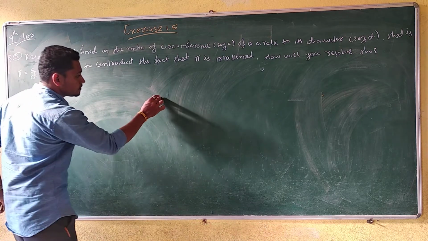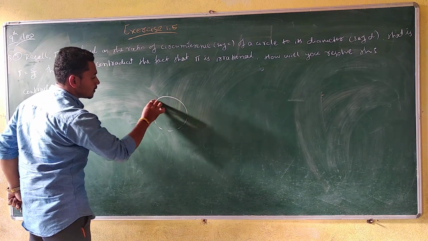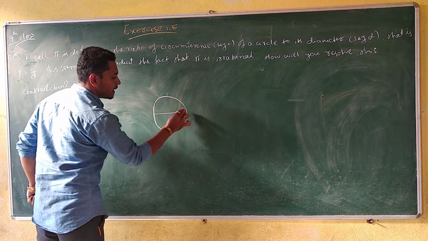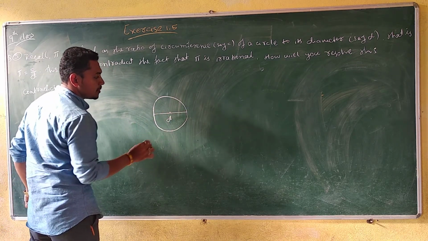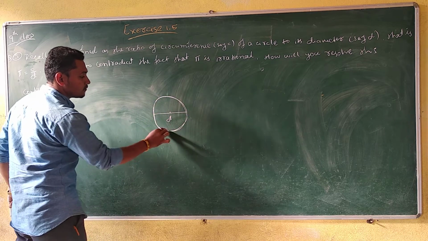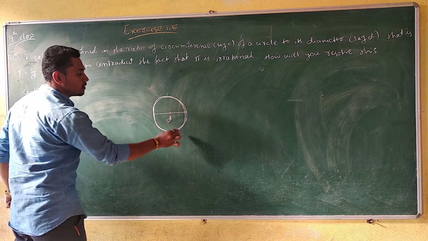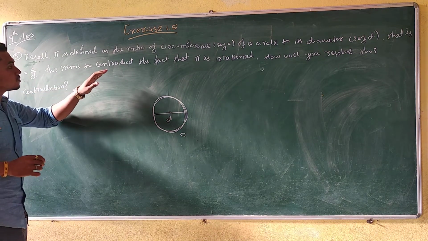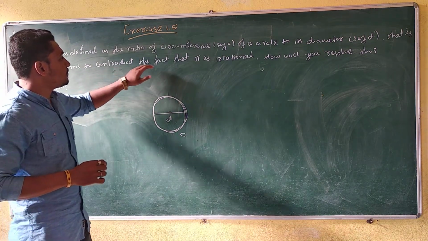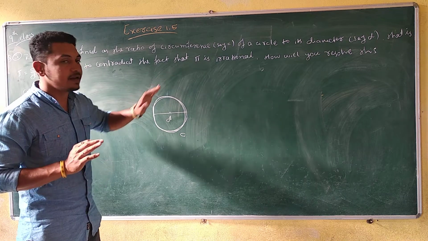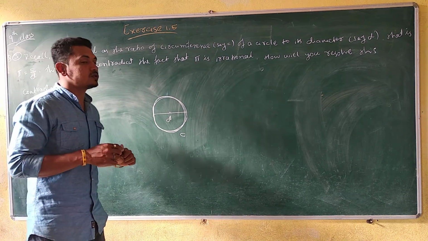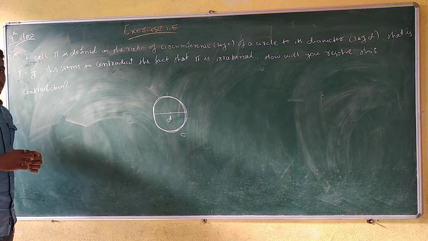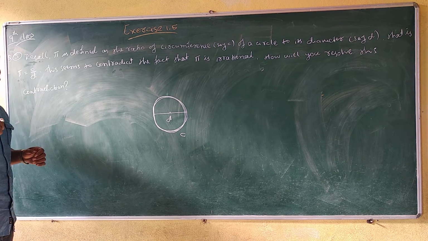This is one circle, and this is the diameter d, and this is the circumference c of this circle. Now this seems to contradict the fact that pi is irrational. How will you resolve this contradiction? You already know the value of pi.